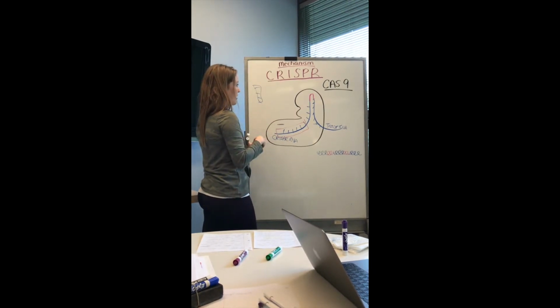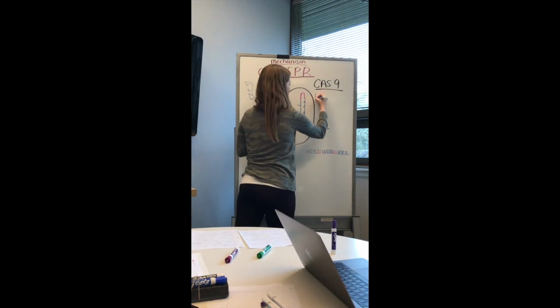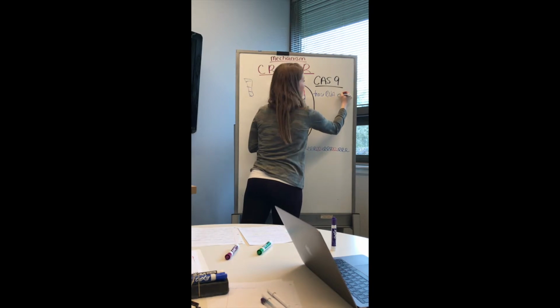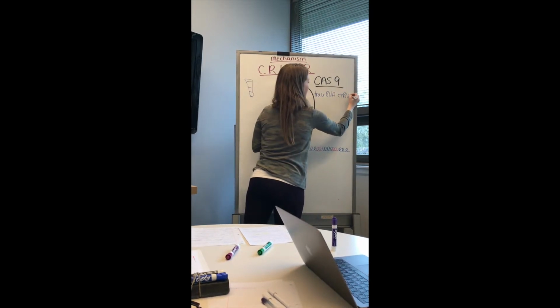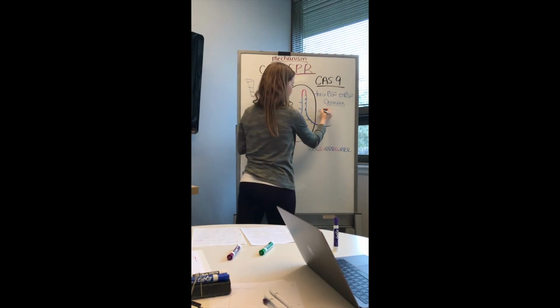So here we have the connected CRISPR-Cas9 system. So this fused piece of RNA, they decided to call the tracer RNA CRISPR RNA chimera. And we'll just call it the guide RNA, because that's what it does.